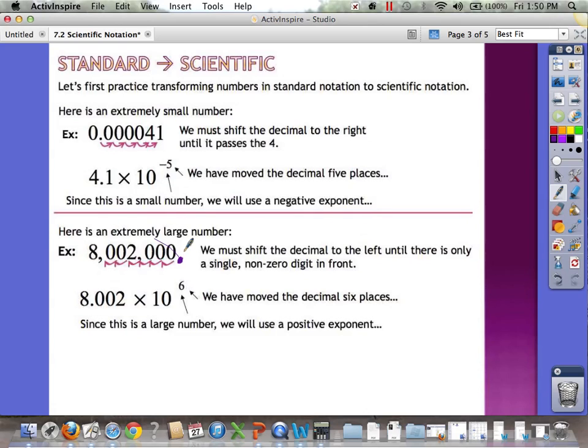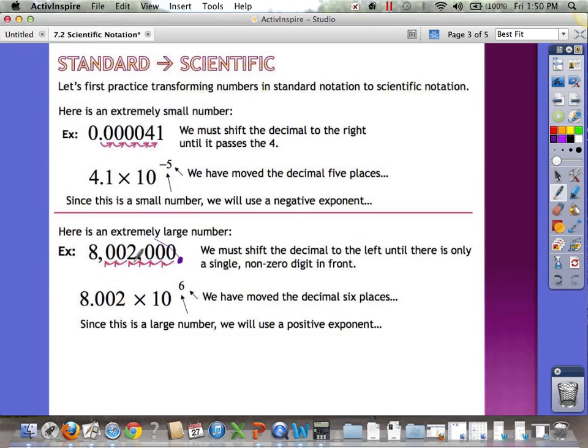So we must shift it to the left until there's only one number in front of the decimal point that's bigger than 0. We can't stop at 2, because then it's really going to be 8,002 point something. That's still not in scientific notation. We have to go till it's just one number in front of the decimal.